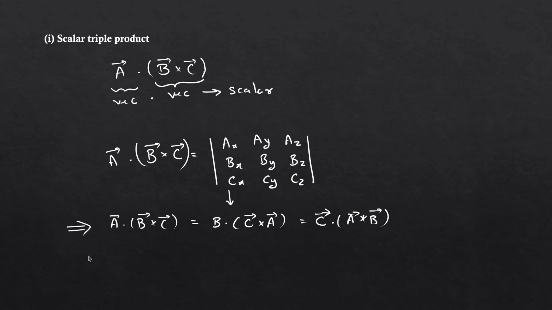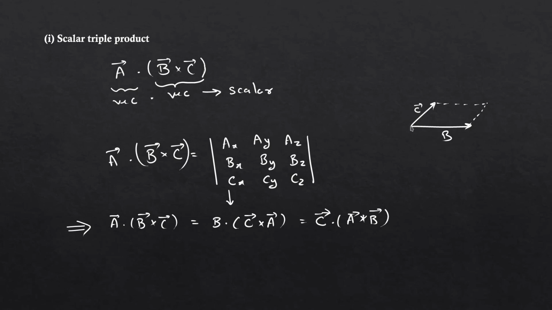So what is the interpretation of the scalar triple product? We have seen that if we have given vector B and vector C, their cross product represents the area formed by the parallelogram.